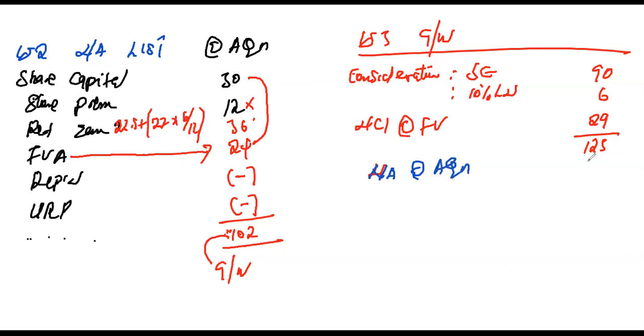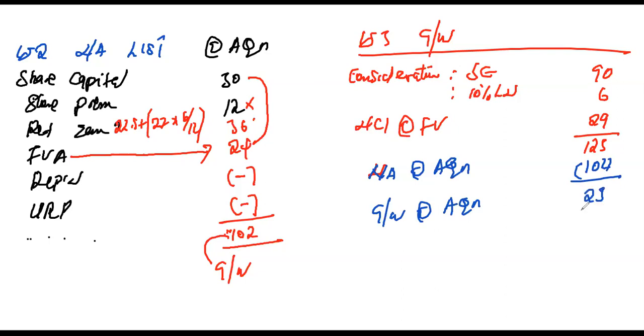How much was it? 102. So we are going to have our goodwill. Have you seen? Goodwill at acquisition of how much? 23.